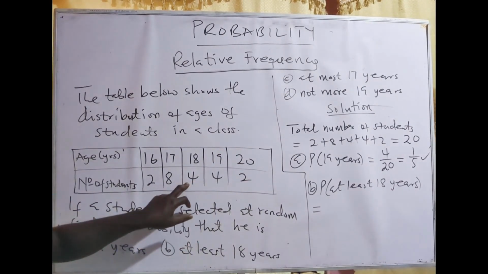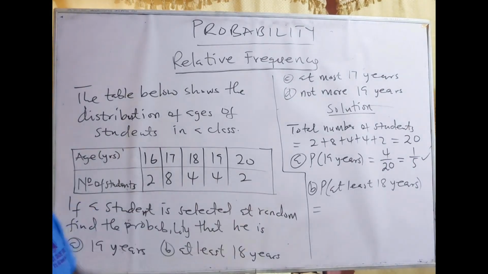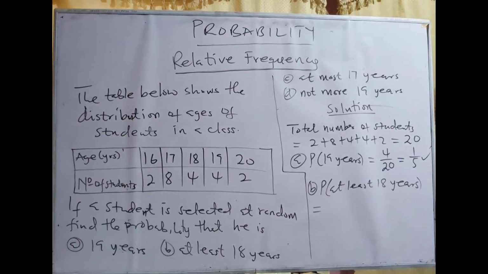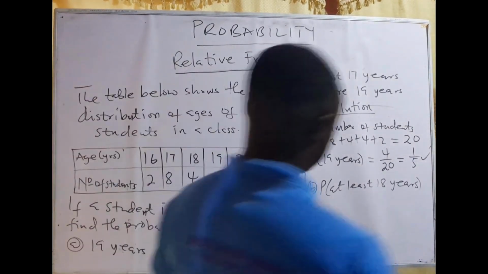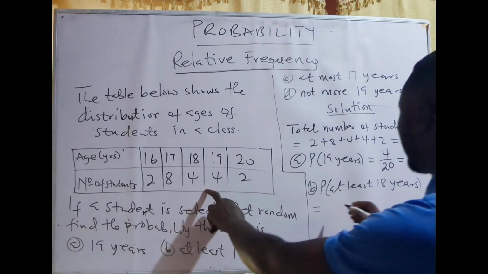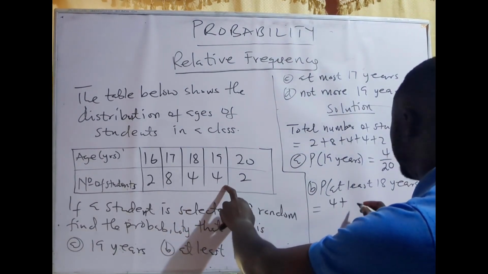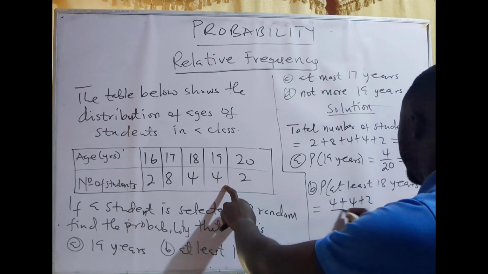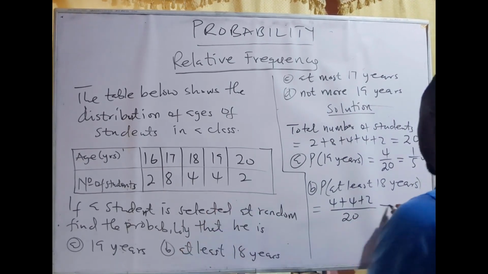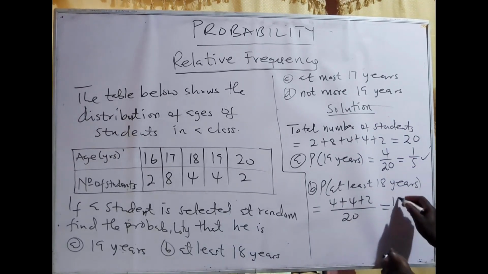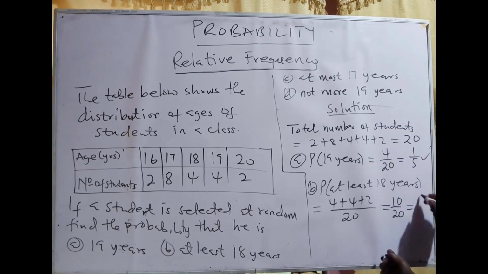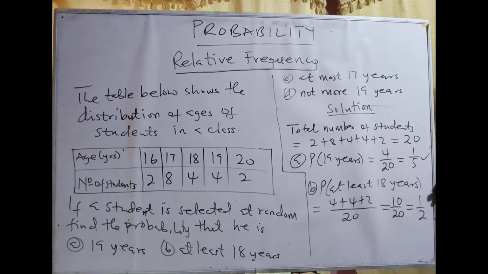So we have 4 plus 4 plus 2 divided by the total number of students, 20. 4 plus 4 gives us 8 plus 2, 10. So 10 over 20 gives us 1 over 2. The probability of at least 18 years is 1 over 2.